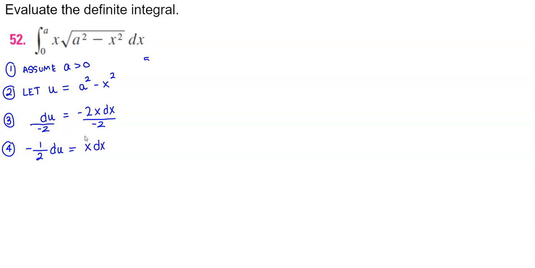Okay, now let's write the original question. So we're going from 0 to a for our upper and lower bounds. We have the square root of a squared minus x squared times x dx. So now let's go ahead and do our substitution.